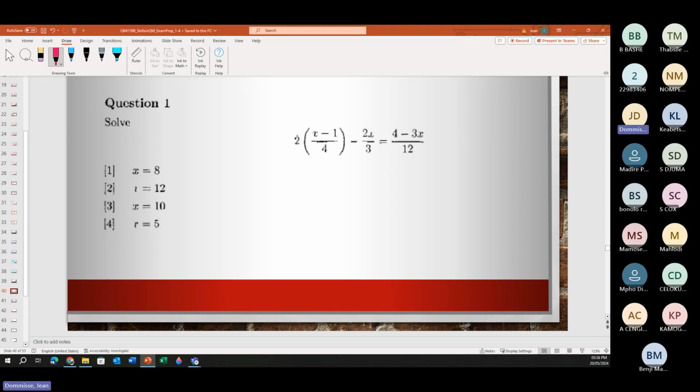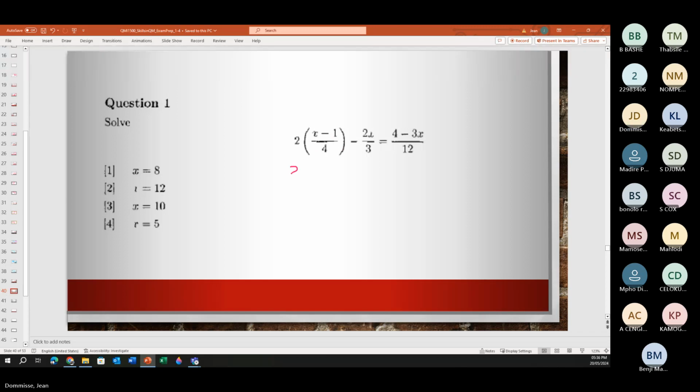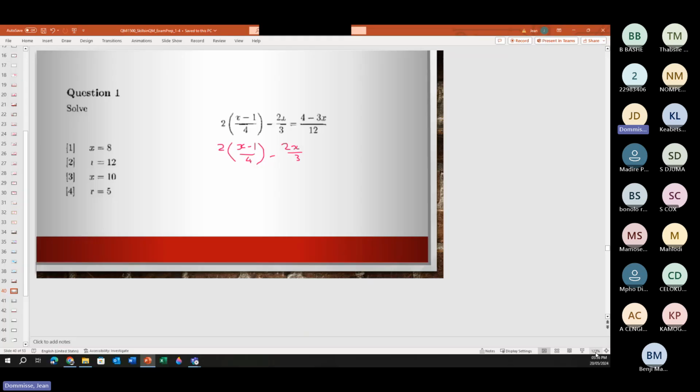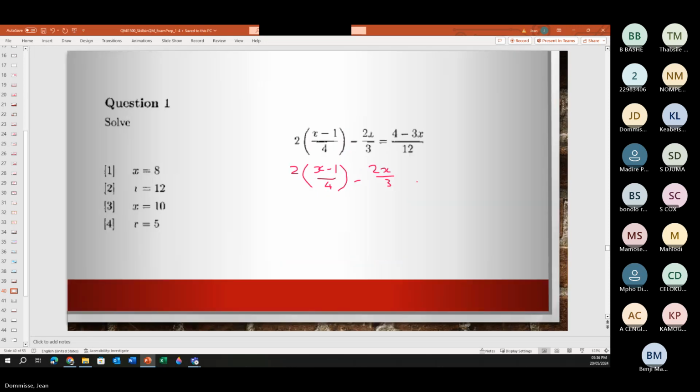The question is to solve the equation. So let's just rewrite the equation: 2 times (x minus 1) divided by 4, minus 2x divided by 3, is equal to 4 minus 3x divided by 12.